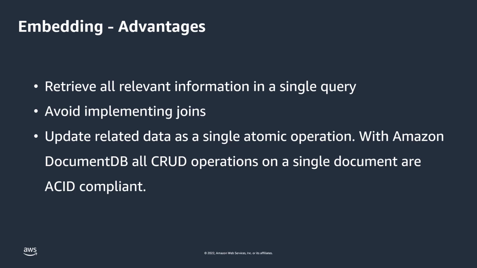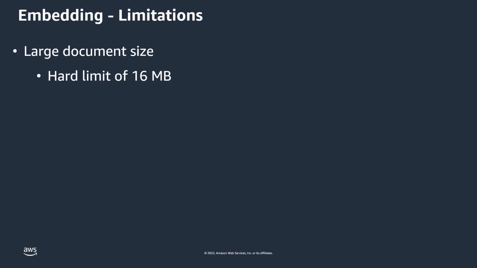However, there are some downsides to take into consideration. Well, if everything is put into one single document, you may end up with large documents. And Amazon DocumentDB has a hard limit of 16 megabytes for a document.